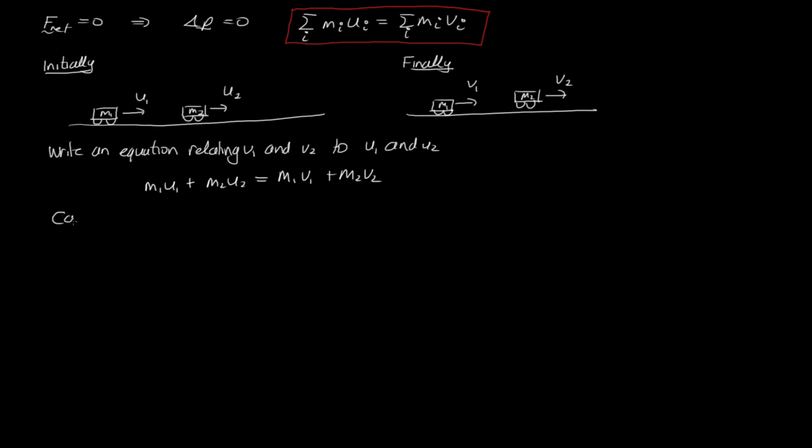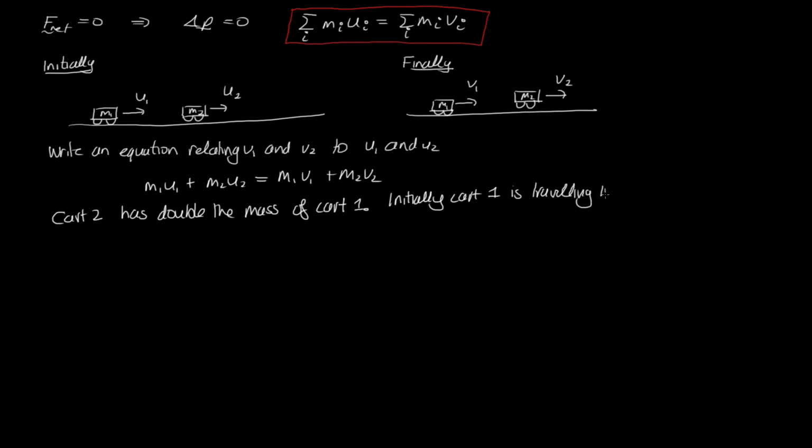Cart 2 has double the mass of cart 1. Initially, cart 1 is traveling in the positive direction with a speed of 1.0 meters per second, while cart 2 is stationary.